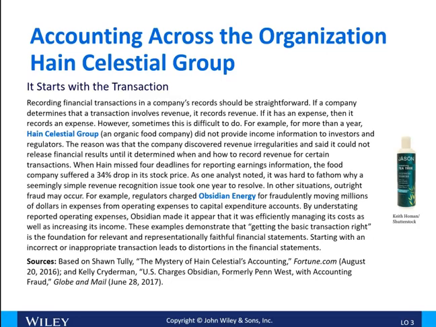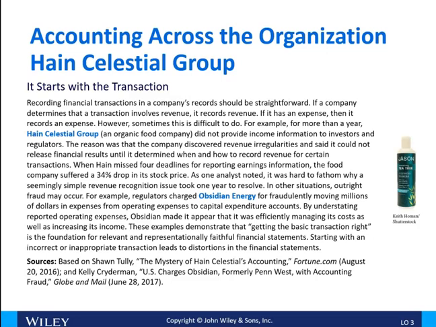When they missed 4 deadlines for reporting earnings, the company suffered a 34% drop in its stock. As one analyst noted, it was hard to fathom why a seemingly simple revenue recognition issue took 1 year to resolve. In other situations, outright fraud might occur. So regulators charged Obsidian Energy with fraudulently moving millions of dollars in expenses from operating expenses to capital expenditure accounts.